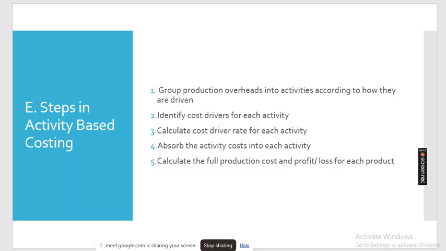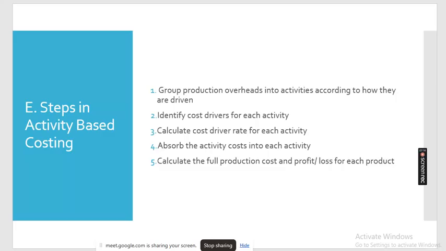Then step number 3, you calculate a cost driver rate for each activity. So each activity should have its own cost driver rate. For example, if the machine department was 5,000 and the machine hours are 1,000, if you divide the two, you get 5. So you say $5 per hour. So the cost driver rate is the same as the overhead absorption rate.